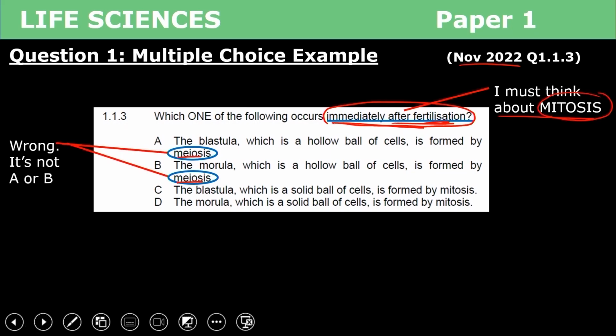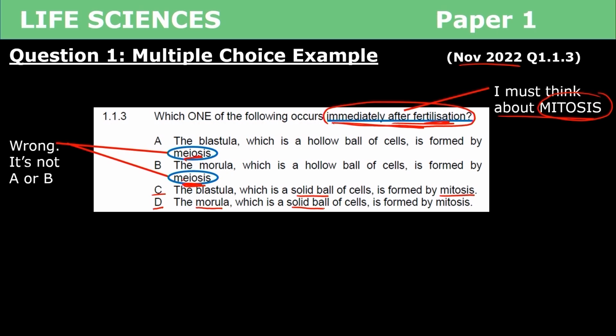So option A or B are wrong. What about option C and option D? C reads, the blastula, which is a solid ball of cells, is formed by mitosis, while D says the morula, which is a solid ball of cells, is also formed by mitosis. Now here we need clear knowledge of what a blastula is and what a morula is.